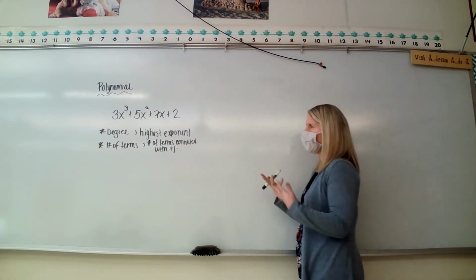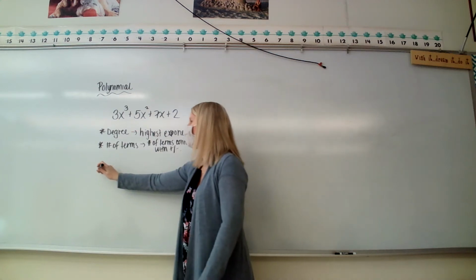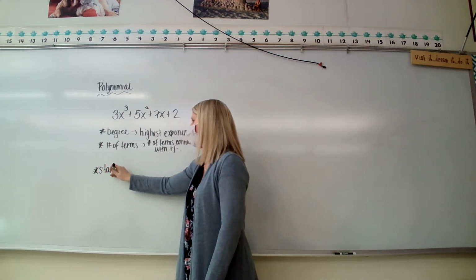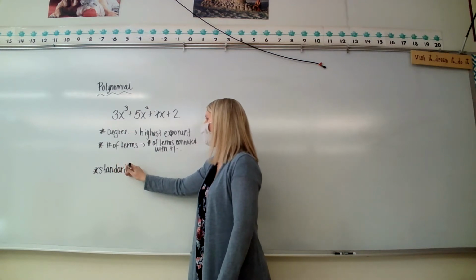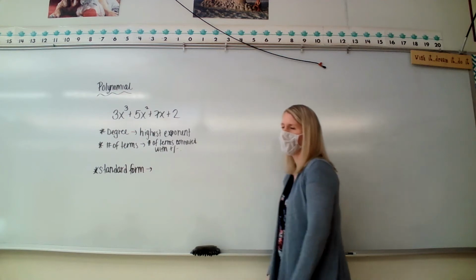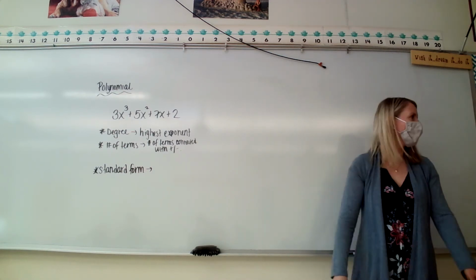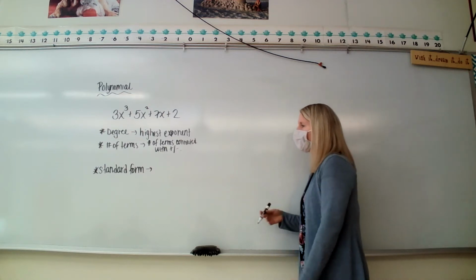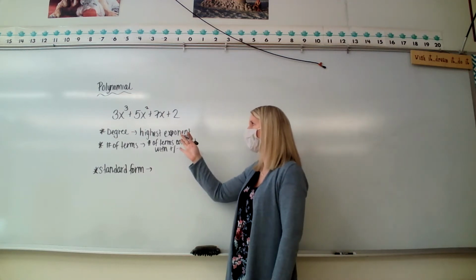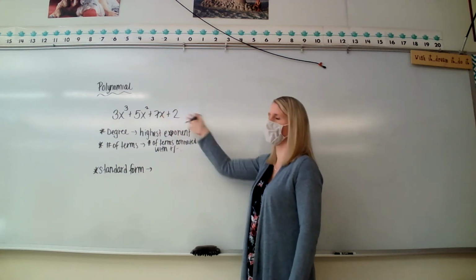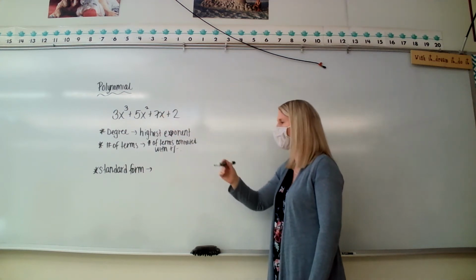And then the last thing I kind of talk about just with the general setup, it's called standard form. When we are writing polynomials, we basically always try to write it in standard form. Once again, if not, then everyone writes it their own way and it's kind of confusing. We like one set way to write things. Standard form is when you rearrange your polynomial and you want it to start with the highest exponent and then go down in order to the lowest.